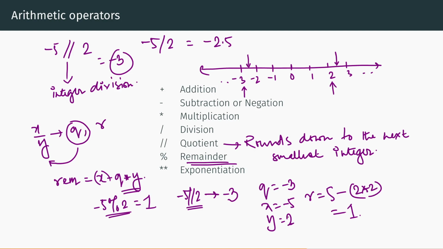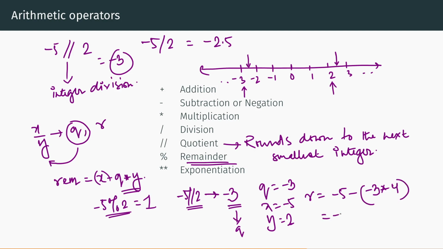So the remainder is, remember the formula is x minus q times y, where x equals minus 5, q is the quotient minus 3, and y is 2.